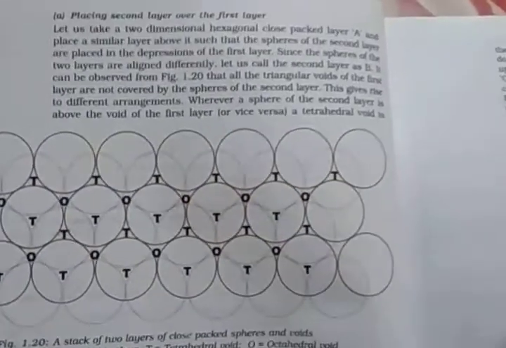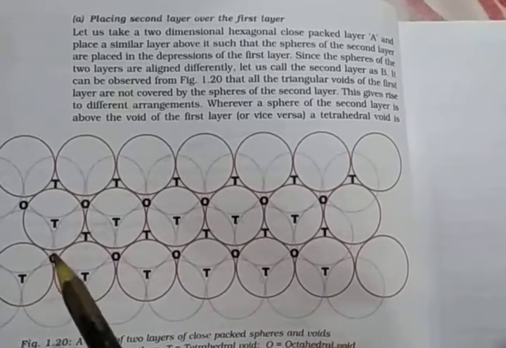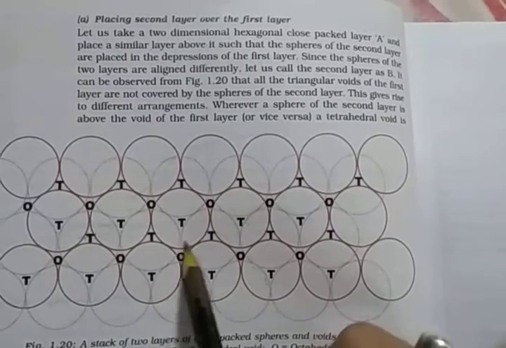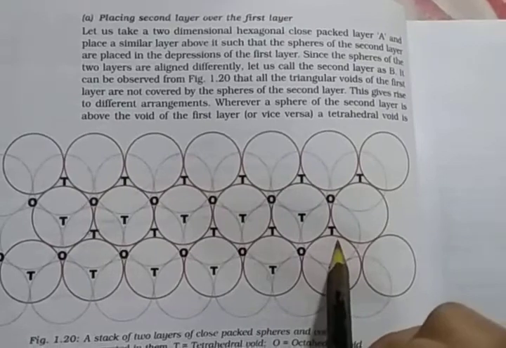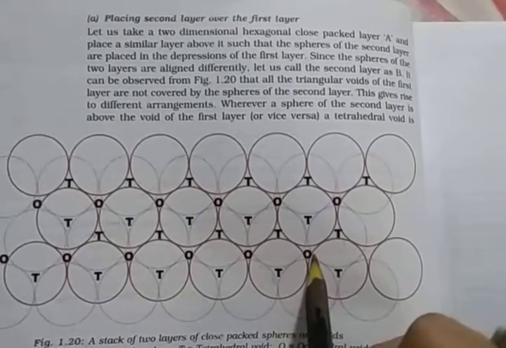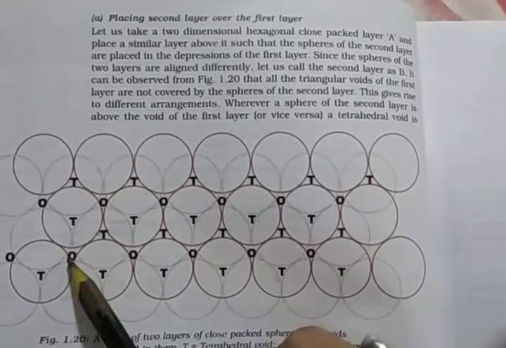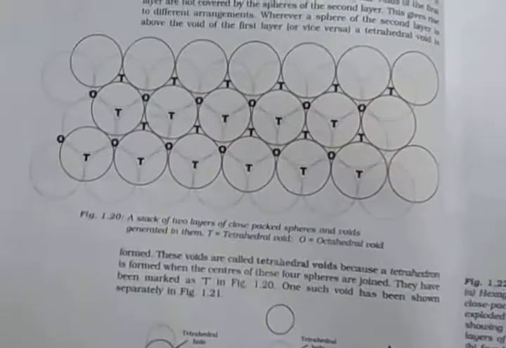Then all the triangular voids of the first layer are not covered by the spheres of the second layer. So this gives the different arrangement. Whereas when the sphere of the second layer is above the void of the first layer, a tetrahedral void is formed.